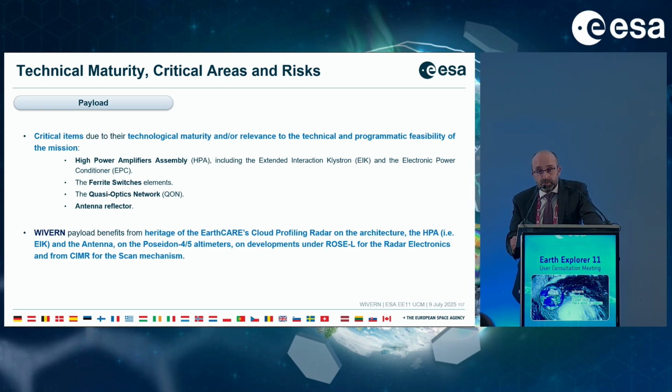However, it is important to mention that these items have an extensive heritage from, for instance, EarthCARE in terms of the HPA, and also for electronics on the Poseidon 5 for altimeters or developments on Roselle. And of course, as mentioned this morning, for the scan mechanism, which is a reuse of CMR.